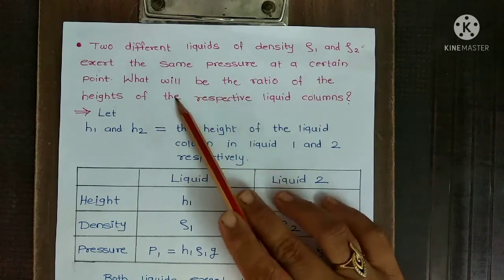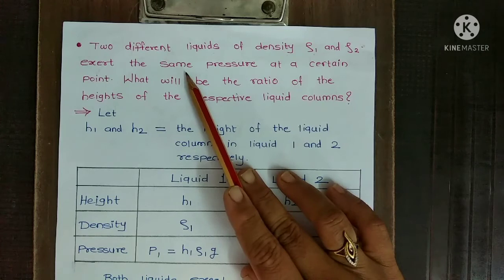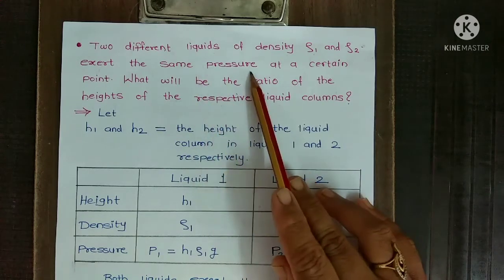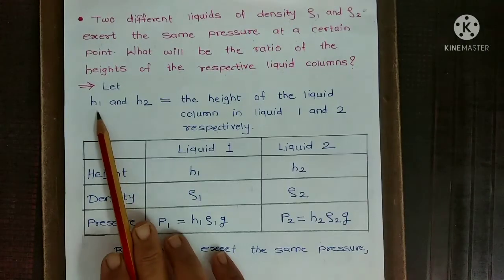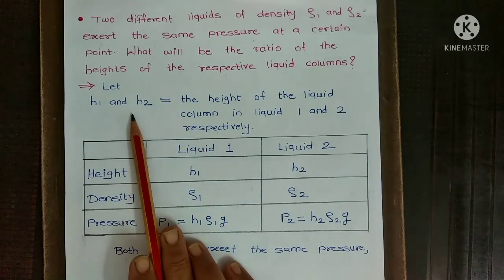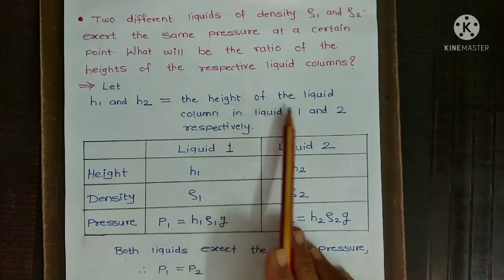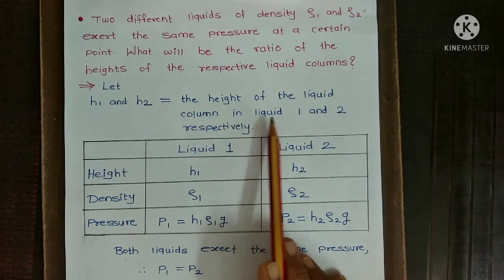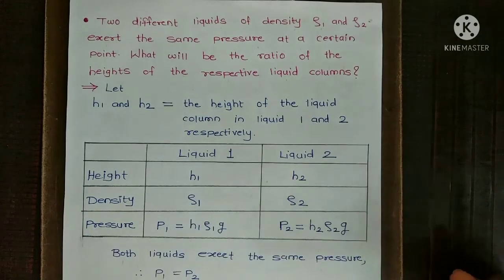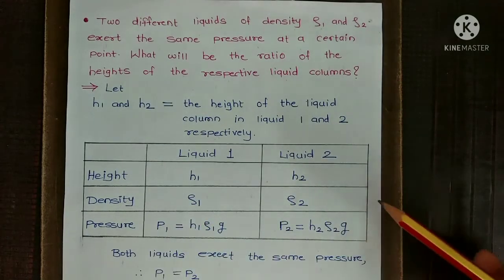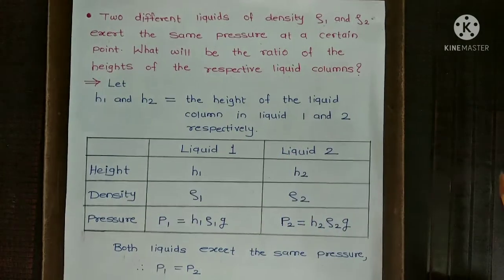The second condition is that the two liquids exert the same pressure at a certain point. That's why we have considered H1 and H2 as the heights of the liquid columns in liquid 1 and 2 respectively.